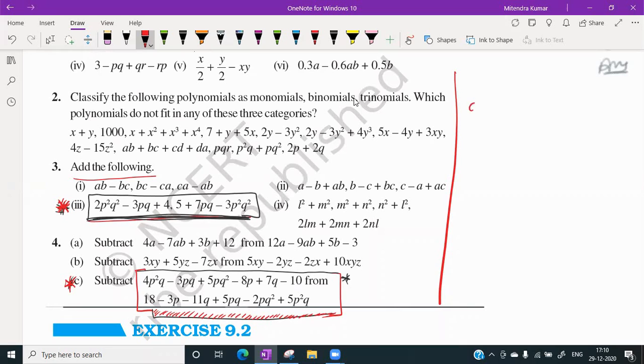Okay, so let me write. You have to add 2p square q square minus 3pq plus 4, and you have to add 5 plus 7pq minus 3p square q square.